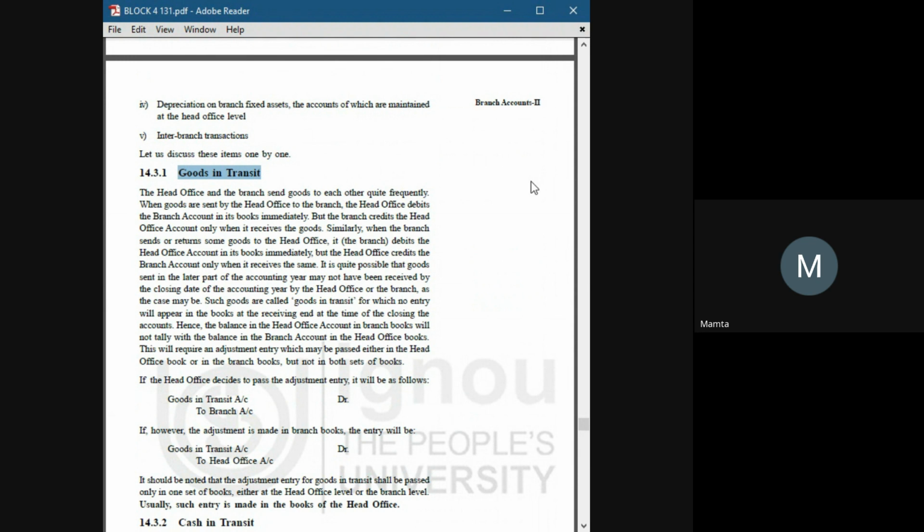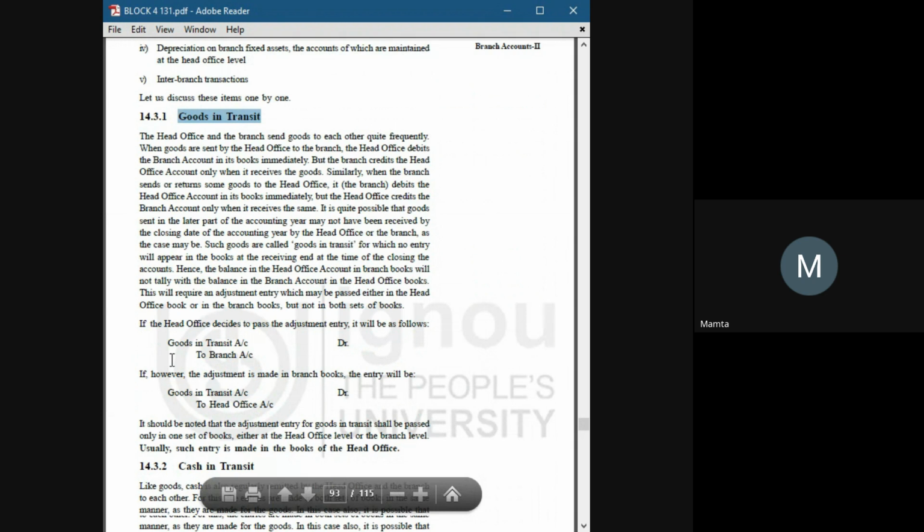When the branch accounts are sent to the head office on 31st March, there will be a difference. So to avoid this difference, we pass an adjustment entry.